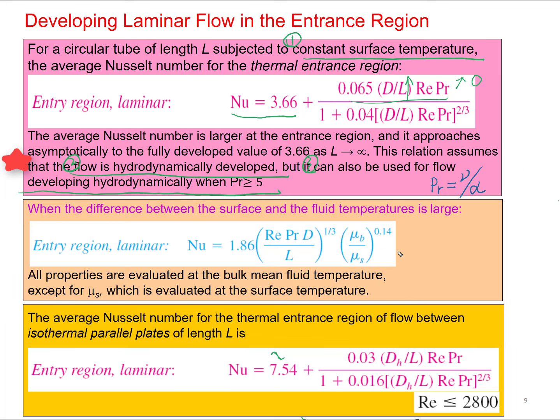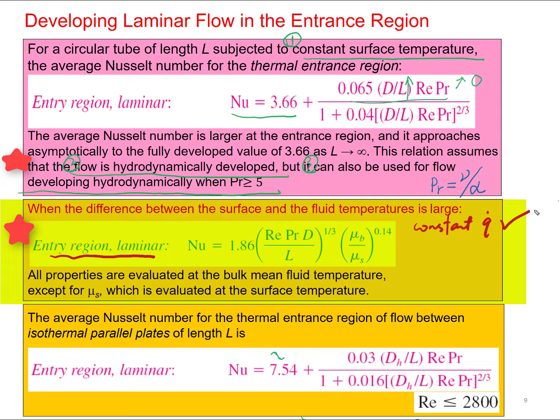The second correlation here is also for developing laminar flow in the entrance region. You can almost use this correlation for all the cases where the first correlation does not work. For example, if you have a constant heat flux, then you cannot use the first correlation, but you can use the second correlation.